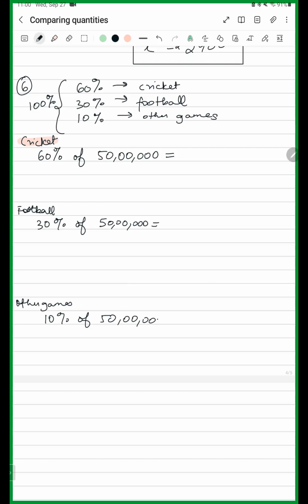What do we write after equal to? Just convert this into a mathematical statement. Percent becomes by 100. Of becomes multiplied. Solve.